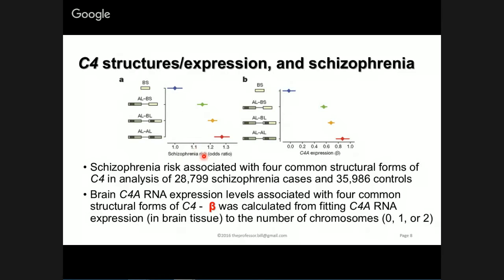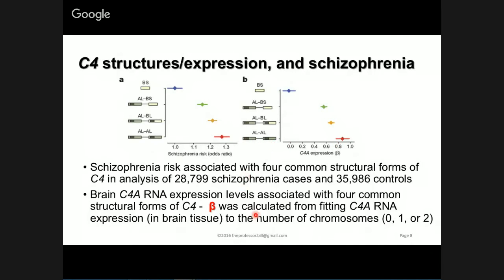Okay, so again, one of the other things that is really good about this paper, they had mentioned before that there are copy number variations associated with this as well. So you can have as many as 4 different copies, 3 copies, etc. And if you go back and look at the C4A in particular, if you normalize it for the number of chromosomes that might express this, or you look at copy number in other words, when you go back and take a look at this, it is very, very clear that the C4A does something. C4A really increases the risk.